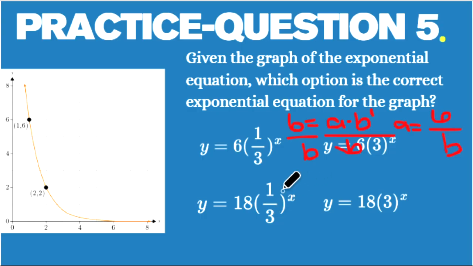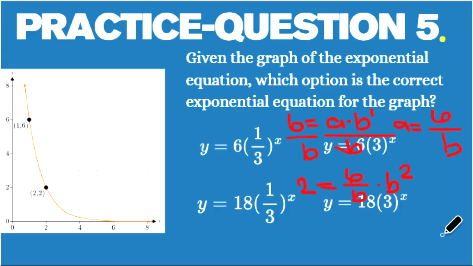Okay, and then our next point is 2 equals 6 divided by b times b raised to the power of 2. Okay, so we're trying to get b by itself. Interesting, interesting.